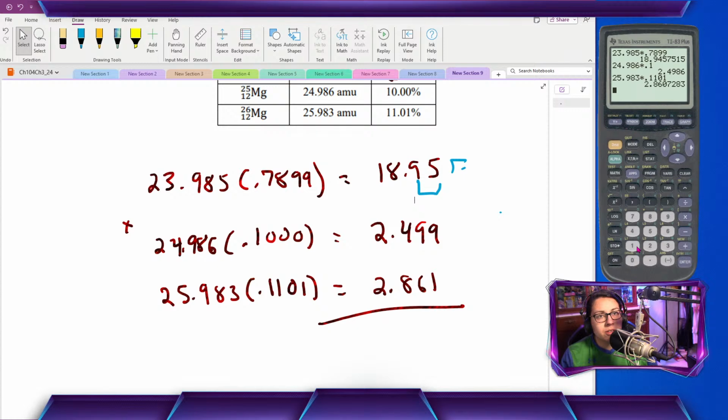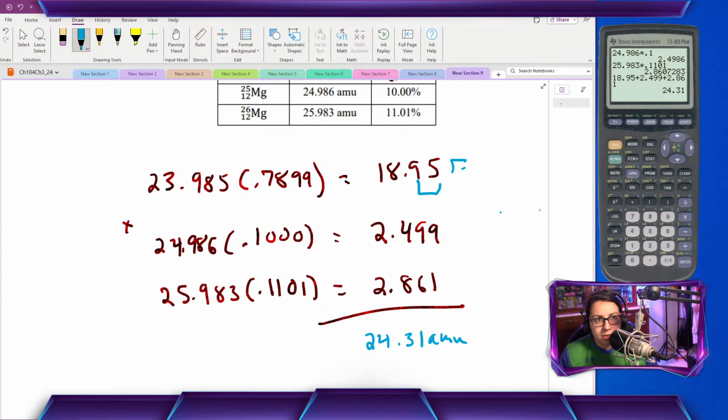So let's do that addition. 18.95, and you plug in all the numbers. Then we round to 2 after, and it just so happens that it only gives us an answer 2 after, so that works out well. That's 24.31 atomic mass units.